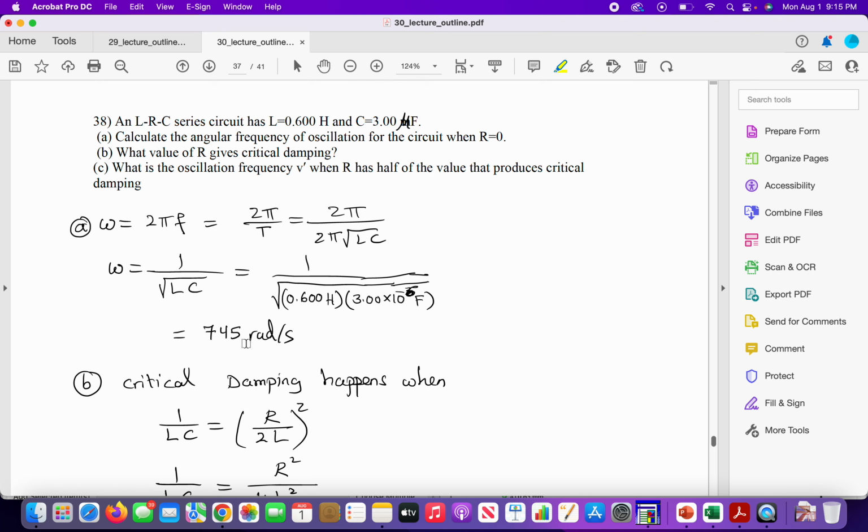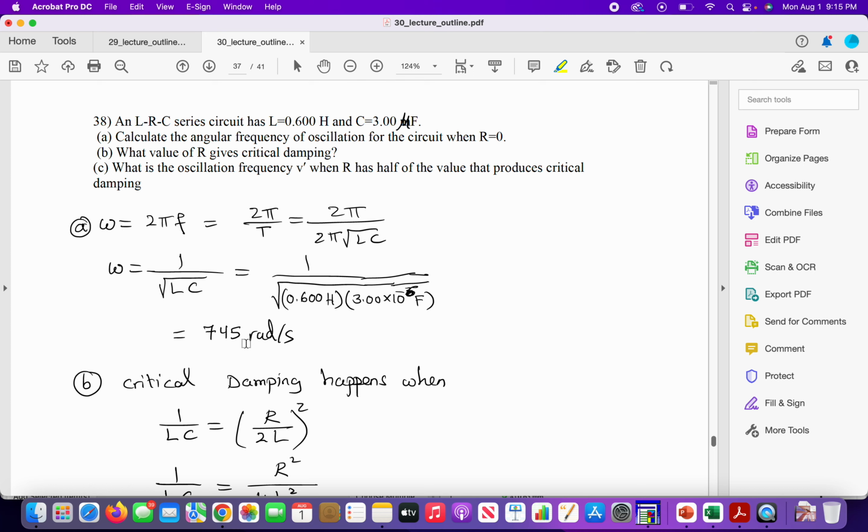Then this is like the question before, omega equals 2 pi frequency, and that is 2 pi over T, and then it is 2 pi over 2 pi square root of LC. Then this omega is 1 over square root of LC, and that is 745.